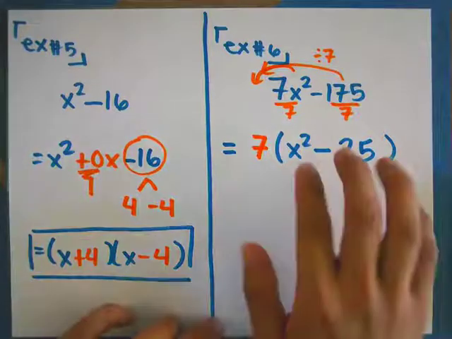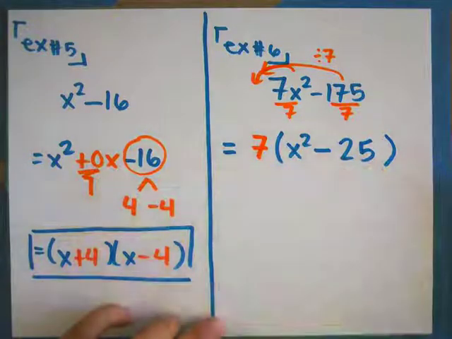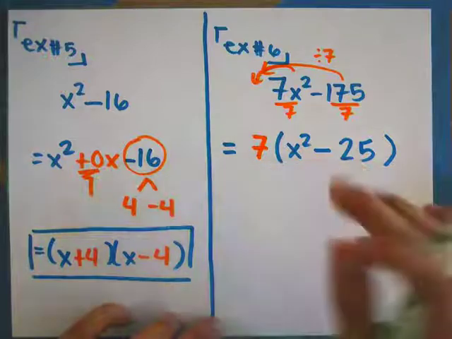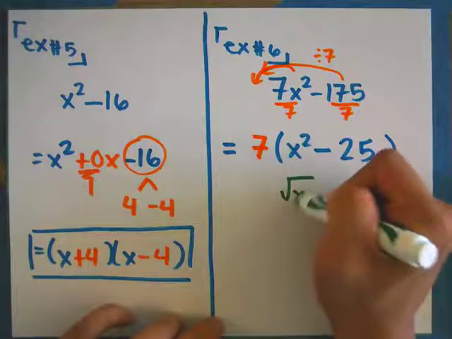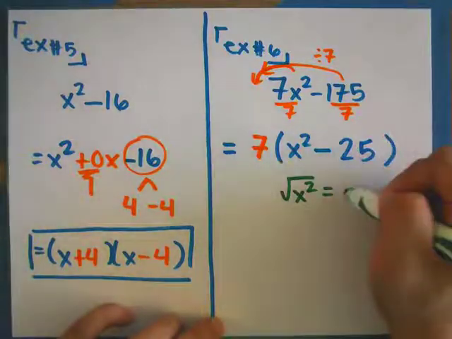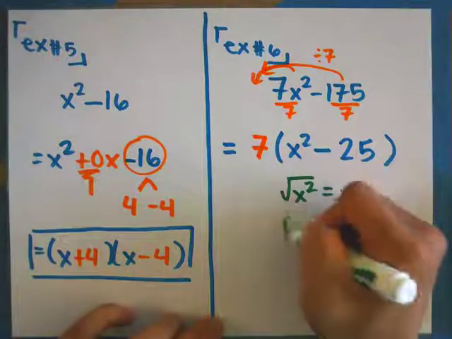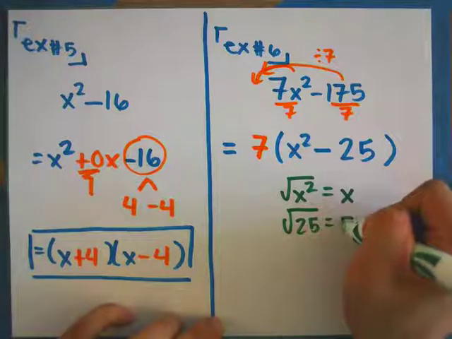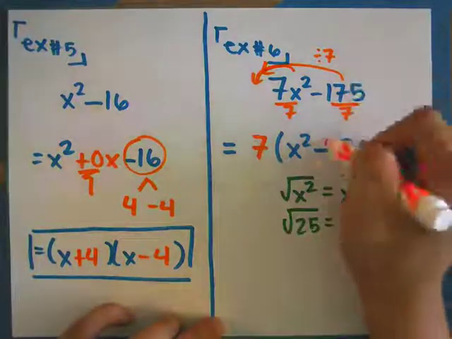I am going to do the difference of squares method. Hopefully you can see it. Are these 2 terms square rootable? Can you square root both of them? The answer is yes. Square root of x squared is x. How about square root of 25? Well, that's 5. And there's a minus sign.